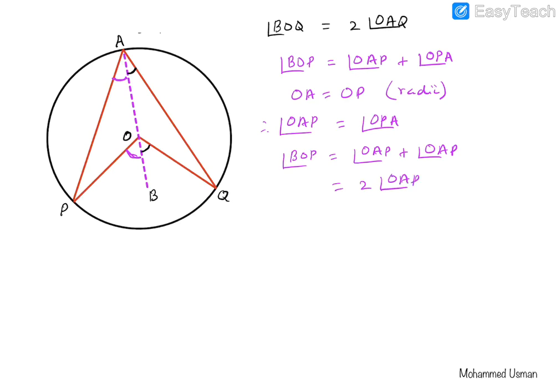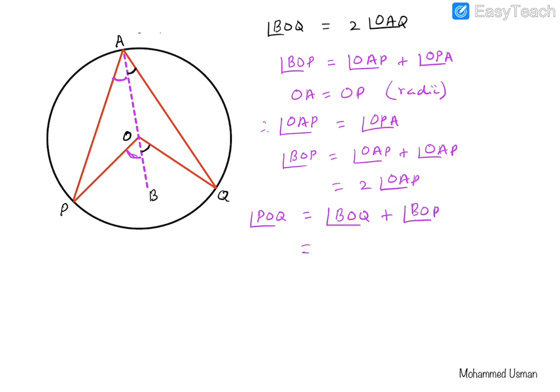So we have shown now the angle BOQ is 2 times OAQ, and similarly the angle BOP, which is this one, is 2 times angle OAP. Now we can see what is the angle POQ. So angle POQ is nothing but the angle BOQ plus the angle BOP.